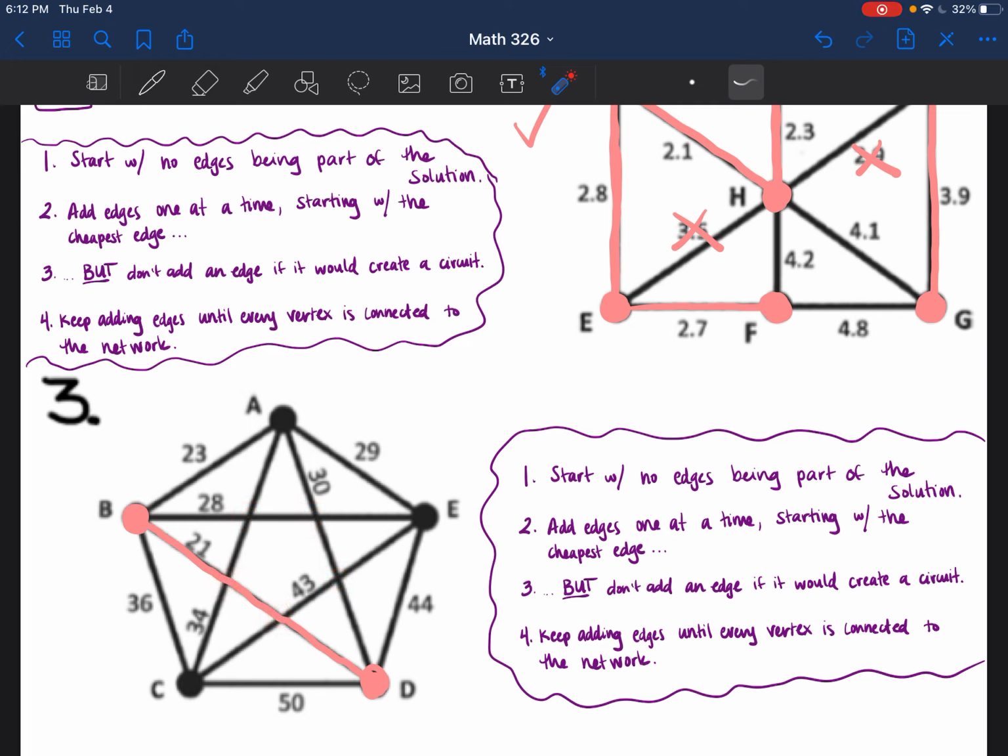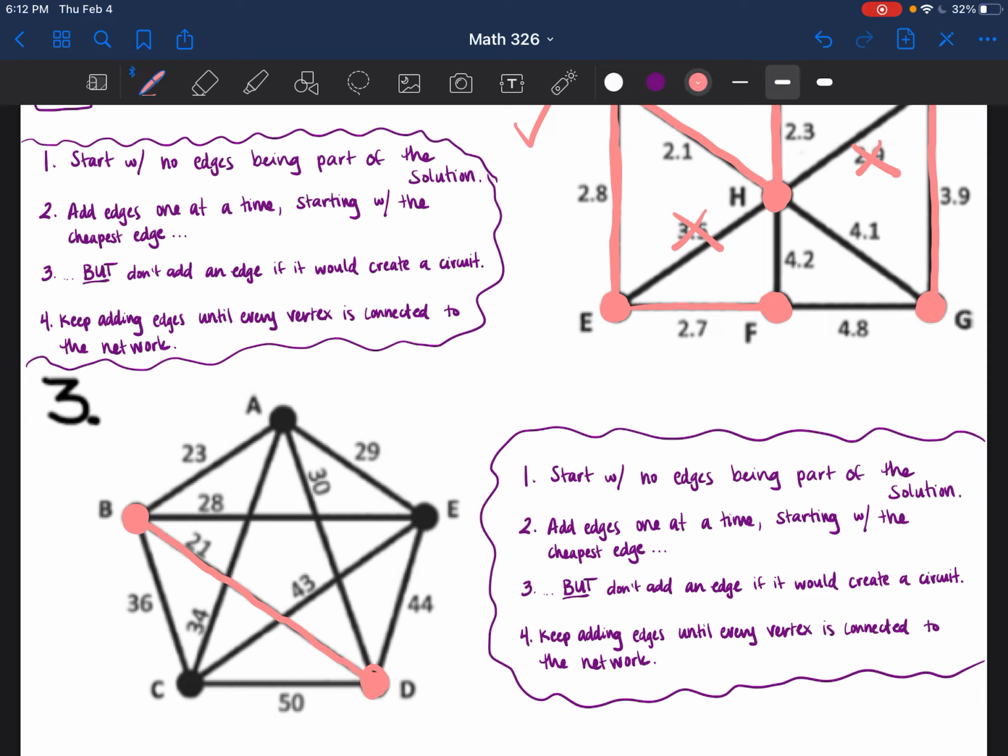Even though the edges cross and connect there, they aren't vertices. So we don't have to worry about them when we're connecting vertices to each other and edges are overlapping. But I just wanted to make that point, that these are not vertices, so we do not have to worry about them.